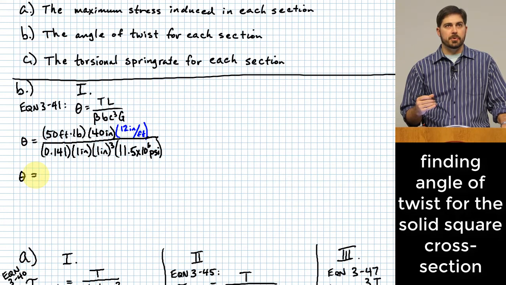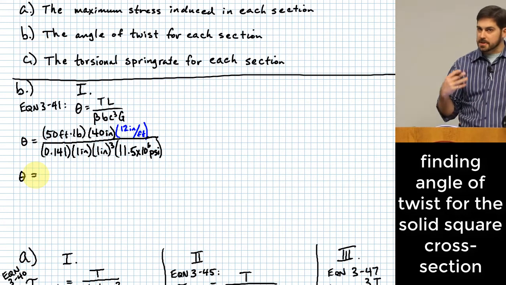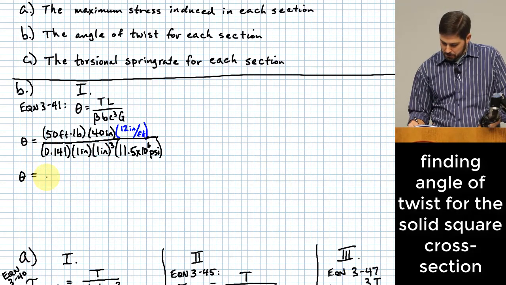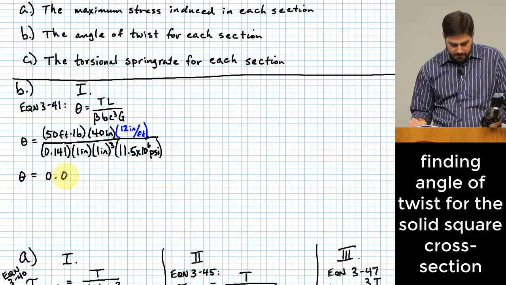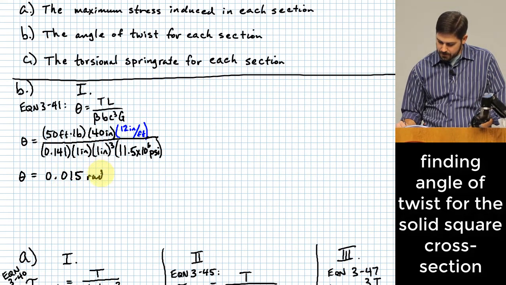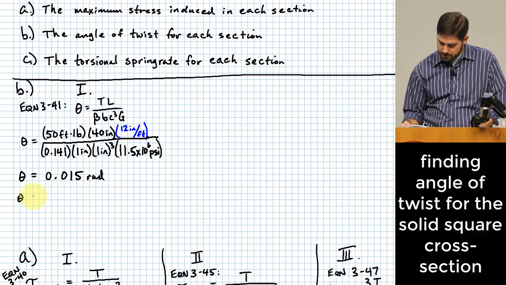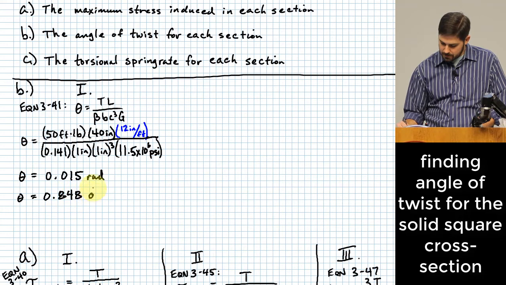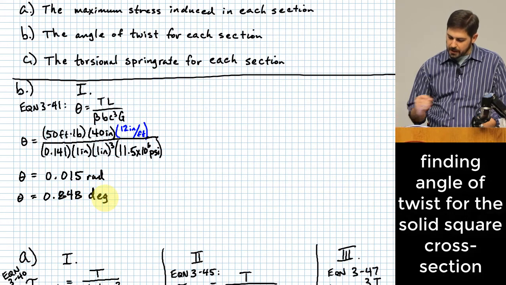And generally the way you will interpret that for these types of problems is that that means radians, right? So it turns out to be 0.015 radians, or 0.848 degrees.